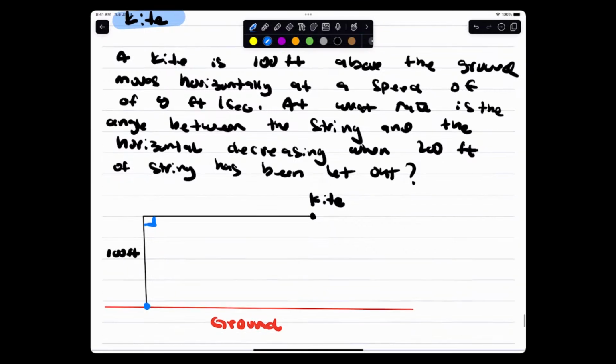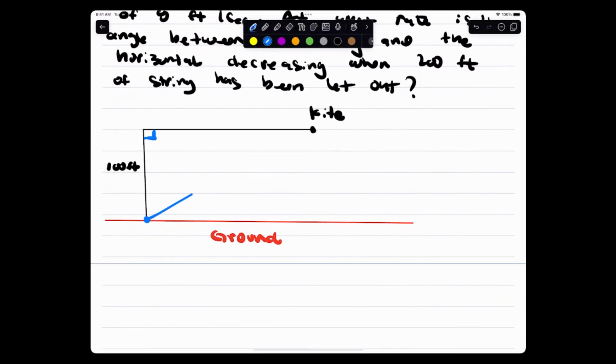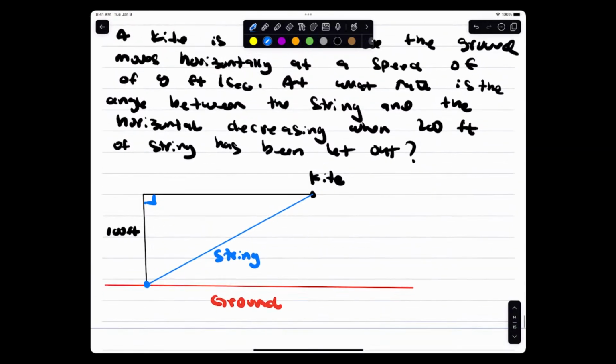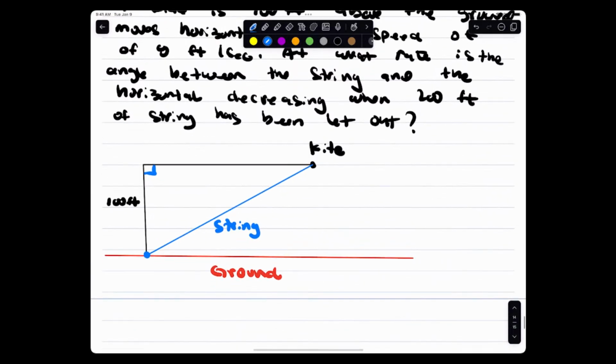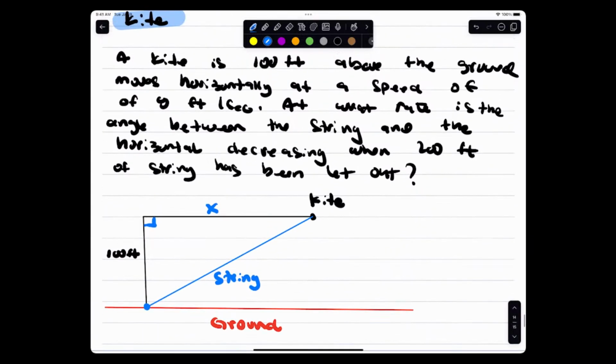And so the idea is that this here is going to be where the string is. Is that right? Now, I drew it this way because I want you guys to understand, we can think of this kind of as an x coordinate. And so they gave us dx/dt, which equals what? 8 feet per second.